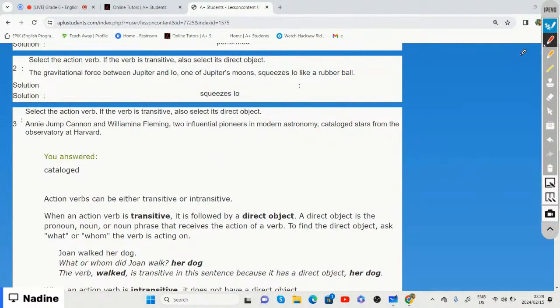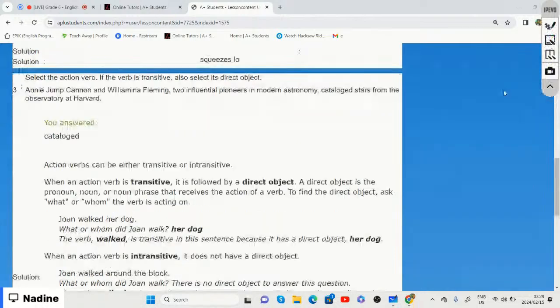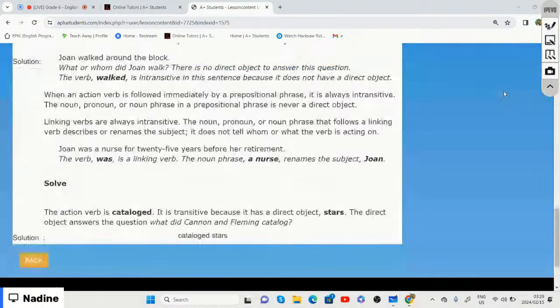Right? All right, because here it says the action verb is cataloged. That is our action verb. And it is followed by a direct object, which is stars, which we identified. And the direct object answers the question, what did Cannon and Fleming catalog? So what did they catalog? They cataloged stars.